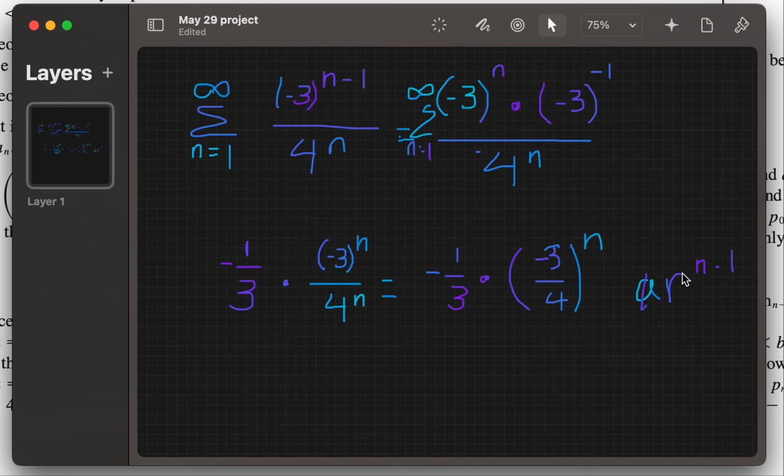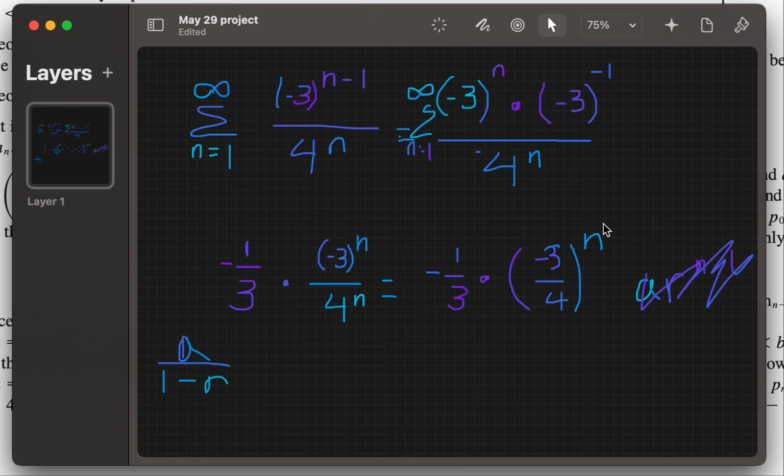So we can use the geometric sum formula, which was a over 1 minus r. A is the first term, so the first term that we find would be when n is equal to 1.